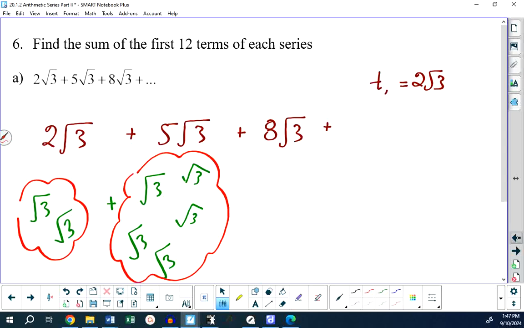So if I have 2 root 3 and I add 3 of them, 3 root 3's, I get 5 root 3. If I add 5 root 3 and I add 3 root 3 to it, I get 8 root 3. So the common difference is 3 root 3. And now we can answer the question by using the sum formula to find S12.